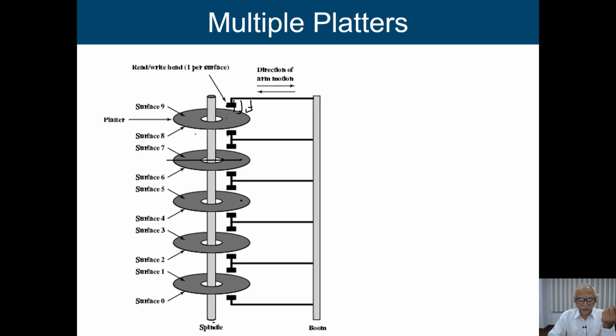When it rotates, different parts of the tracks come under the head, and we perform read and write on the location which is coming beneath the head. So when it rotates, accordingly we perform read and write operations.